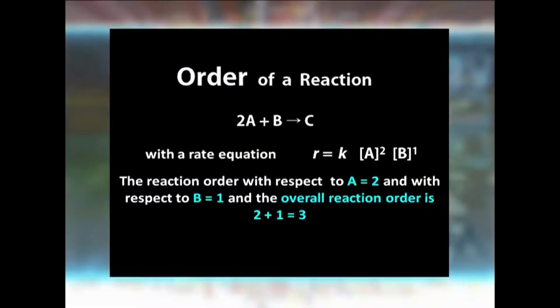Suppose a reaction happens in such a way that 2A + B = C. In this reaction, the reaction rate R equals k times concentration of A squared times concentration of B. And the order of this reaction with respect to A is 2 and with respect to B is 1, and the overall order of this reaction is 2 + 1 = 3.